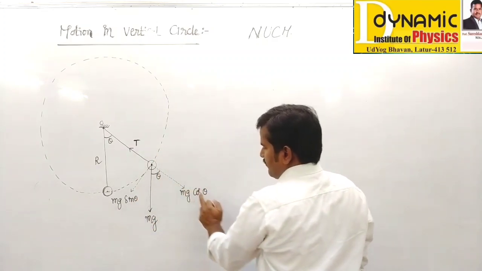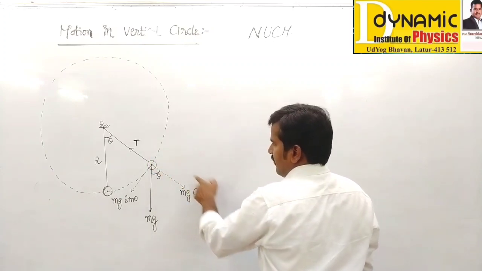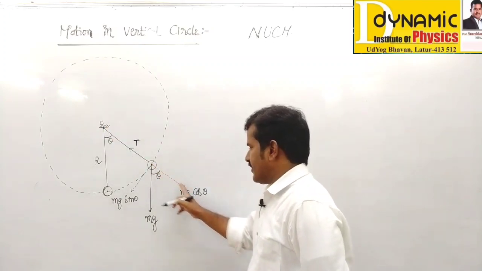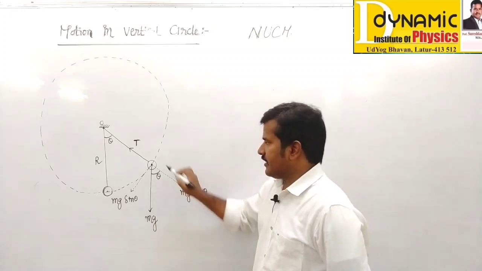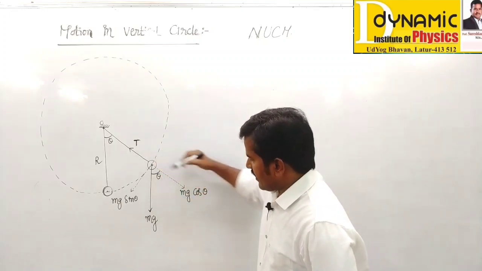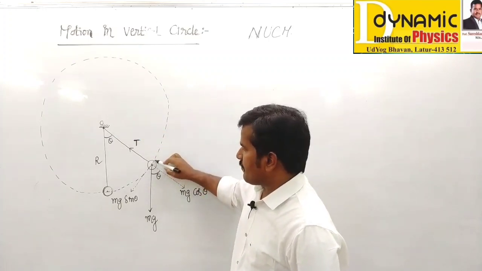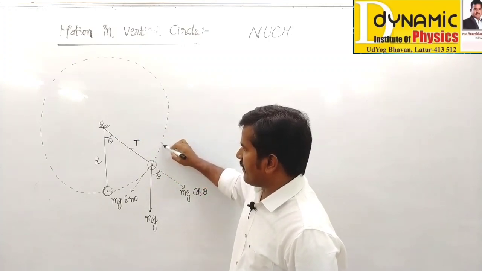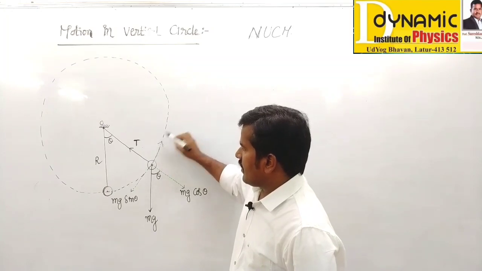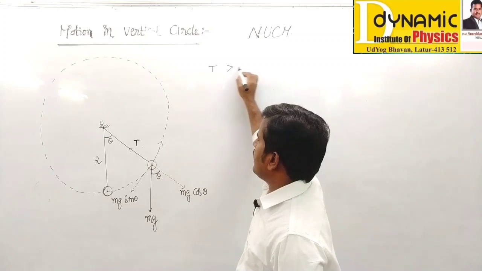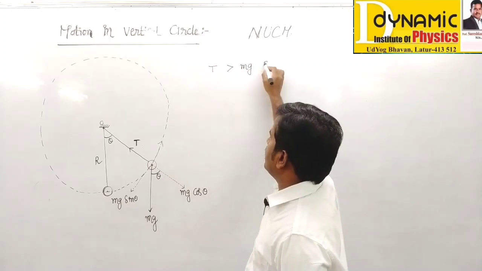T and mg cos theta both act in opposite directions. T is toward the center of the circle, mg cos theta is away from the center. T minus mg cos theta is the centripetal force. If the body is moving in this circular path, T must be greater than mg cos theta.